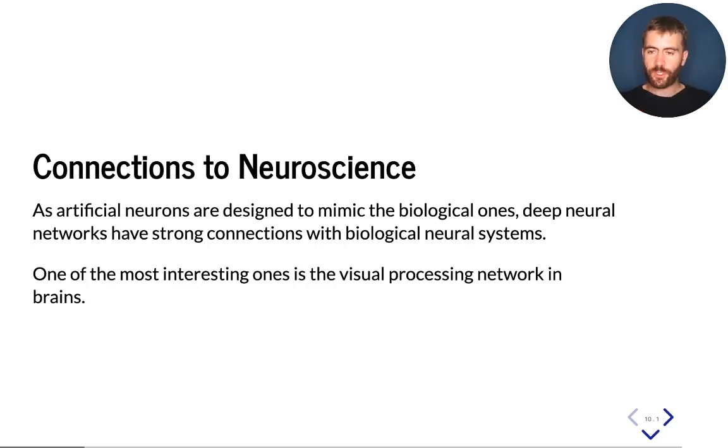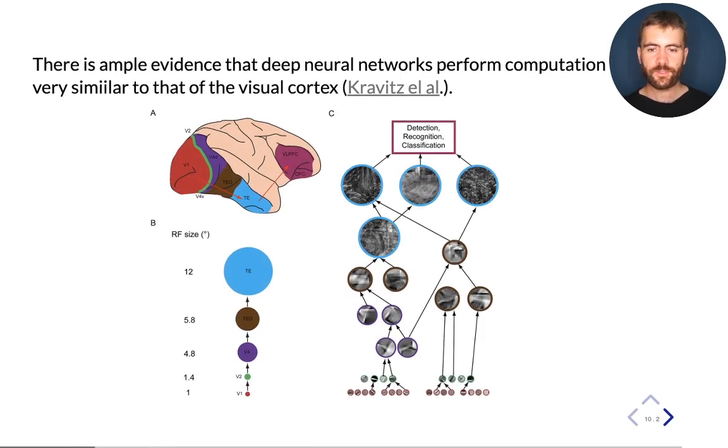So the neural networks inside our brain are deep, and that is sometimes considered to be one of the motivations for building deep artificial neural networks. In fact, if we analyze certain parts of the brain, like for example the visual cortex, we see a lot of behavior that is really similar to what we see in deep neural network models.